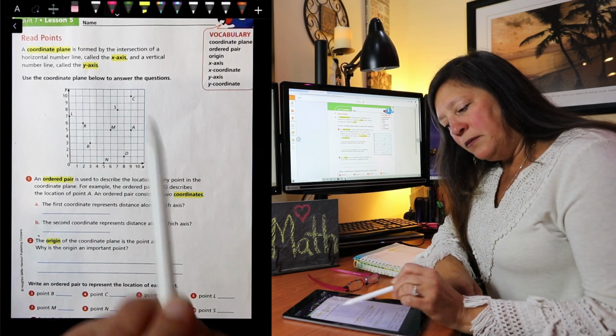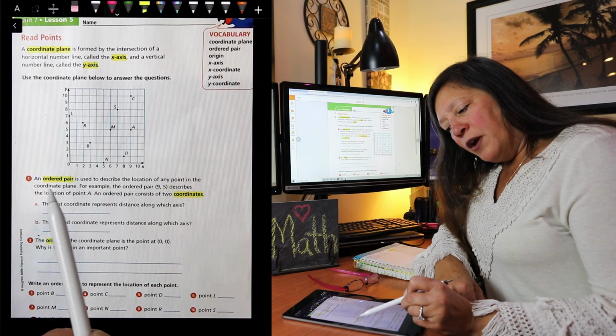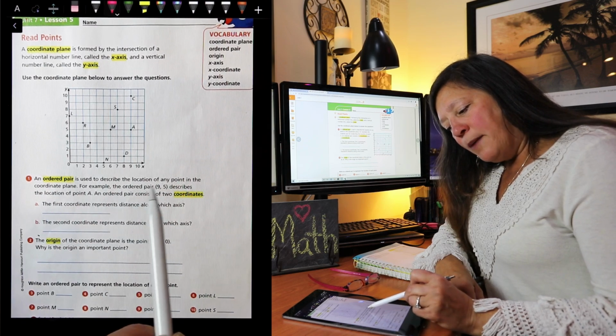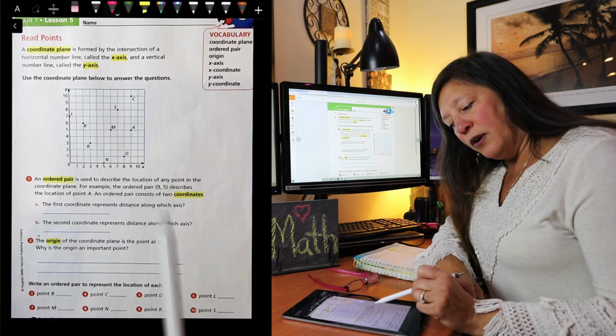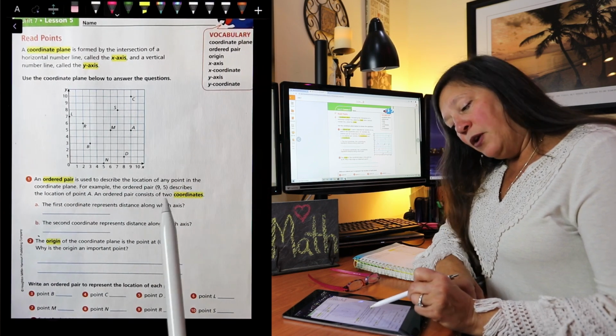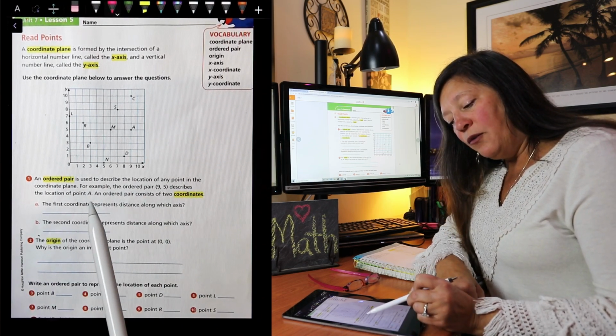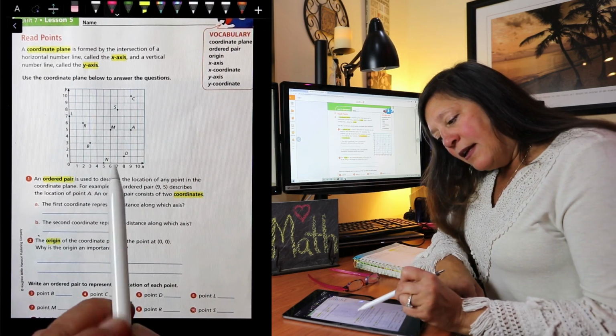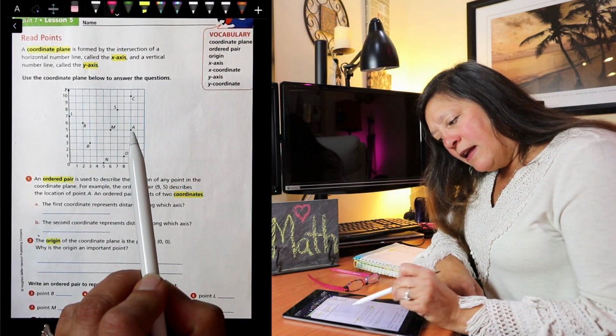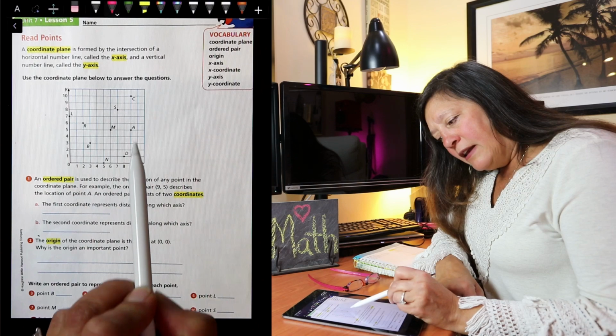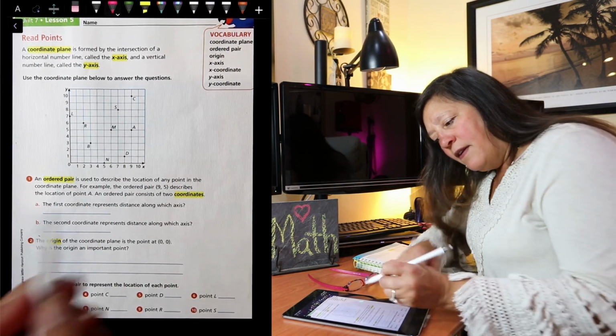This is an example. Number 1, an ordered pair is used to describe the location of any point in the coordinate plane. For example, the ordered pair 9, 5 describes the location of point A. So if you find A, it is over 9, up 5.